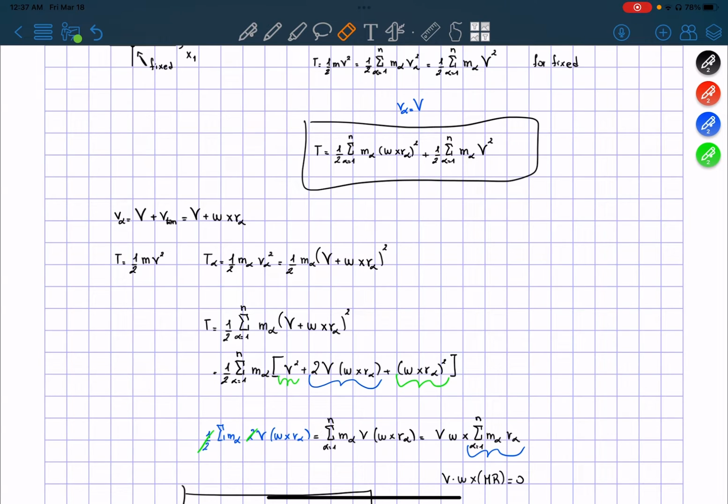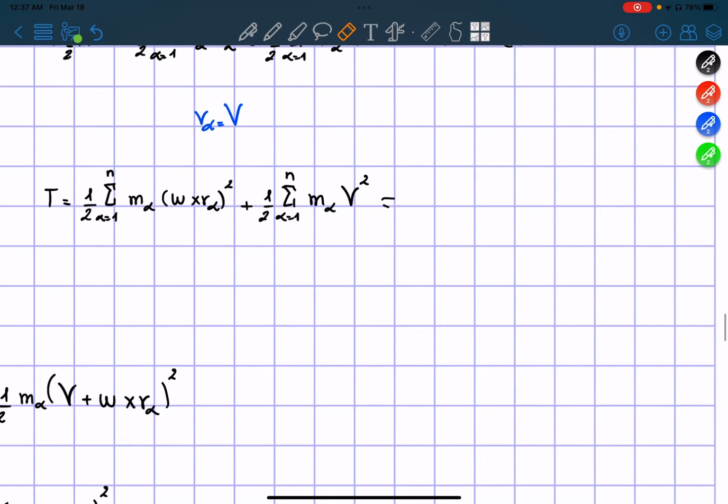I can rewrite what I wrote so you can see it better. This is equal to, let's collect everything that is the same, 1/2 in front, the summation from alpha equals 1 to n of m alpha times, well, the first part is this one over here. It's always a plus in between, so v squared plus our w cross r alpha squared.